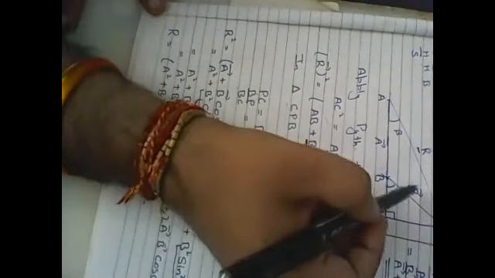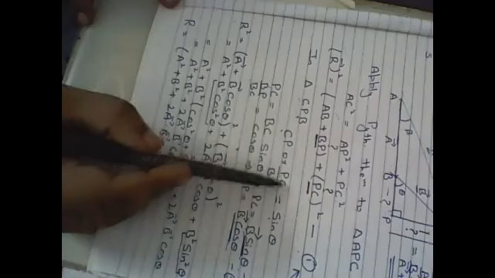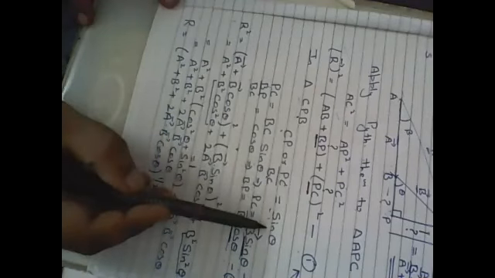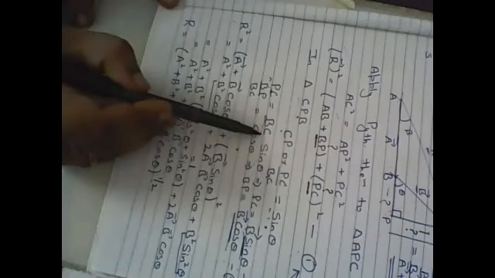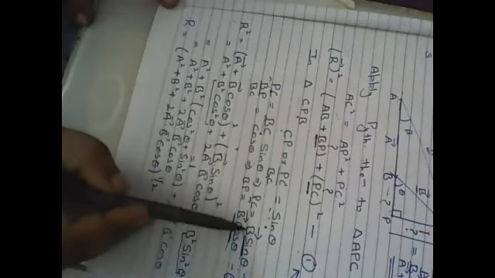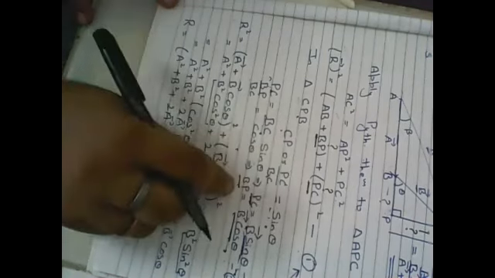So by using this, we can easily find out BP and we can easily find out CP. So in triangle CPB, PC by BC is equal to sine theta. By cross multiply, PC is BC sine theta or PC is B sine theta. Similarly, BP is B cos theta.